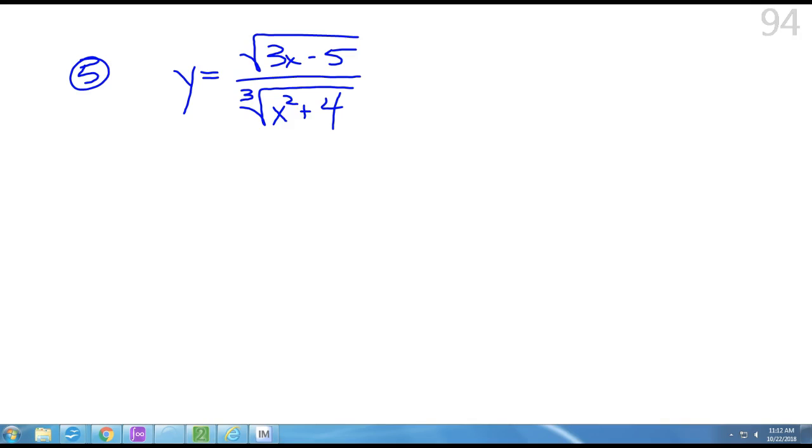You do not want to do quotient and chain together unless you absolutely have to. So, 2 things I got going on here. One is I got to get rid of those roots, turn them into powers. And 2 is I don't want a fraction. So, I'm going to write the 3x minus 5 to the 1/2. That's a square root. And this is to the 1/3 on the bottom, so I'm going to bring it up and write it as the negative 1/3 on top.